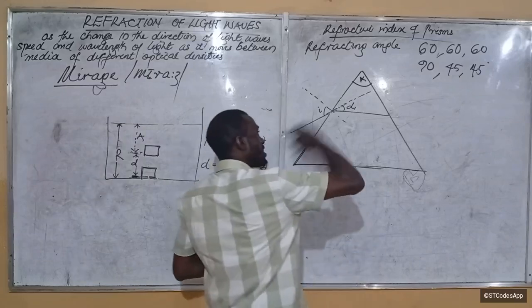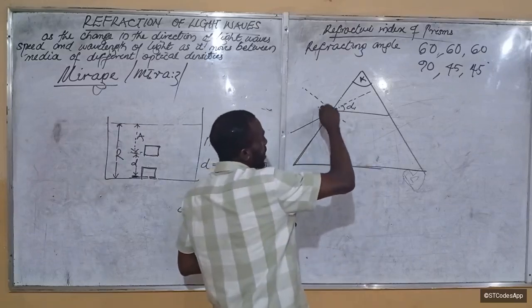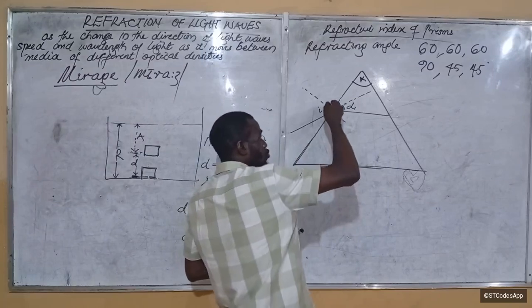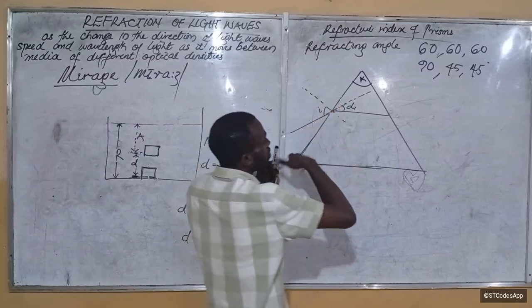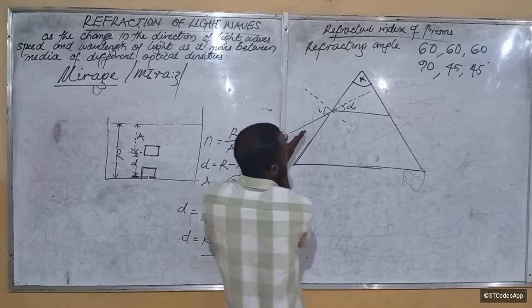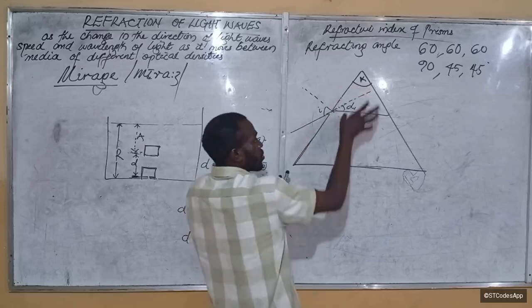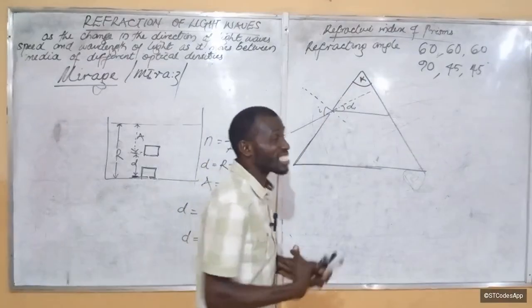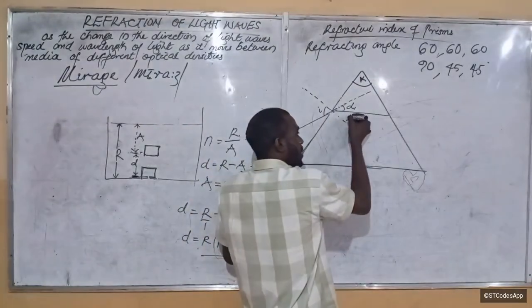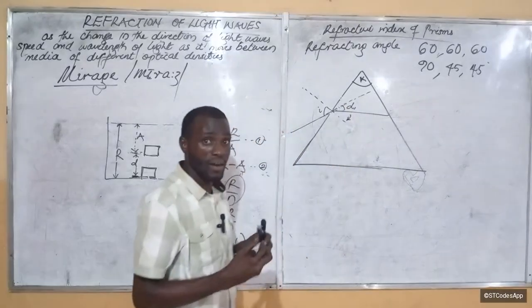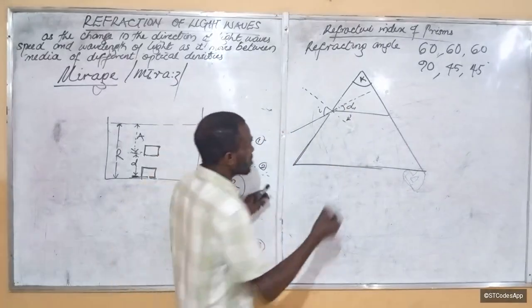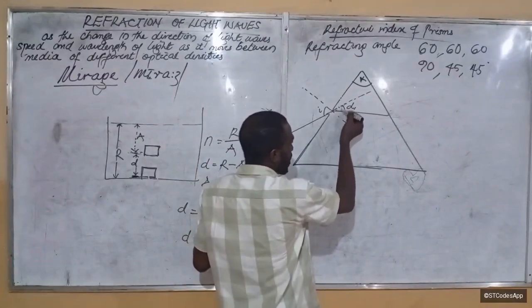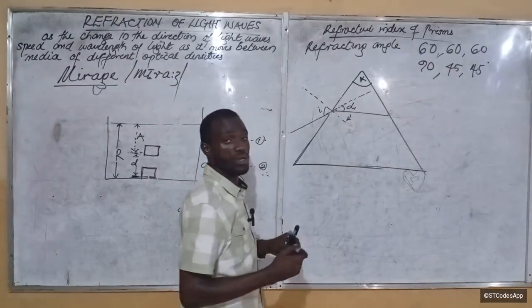So this is my angle of incidence, and we read it to the normal. My angle of refraction, instead of my ray continuing like that, because this one is optically denser, it will shift away a little. It will bend towards the what? The normal. Always remember that it is bending towards the normal. This is supposed to be the size of the angle of refraction.